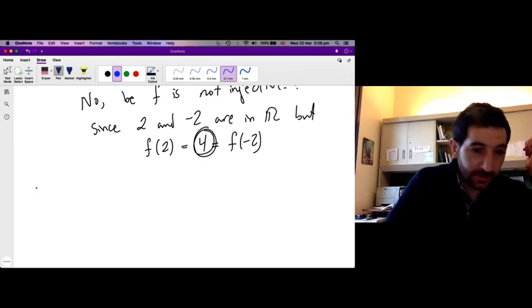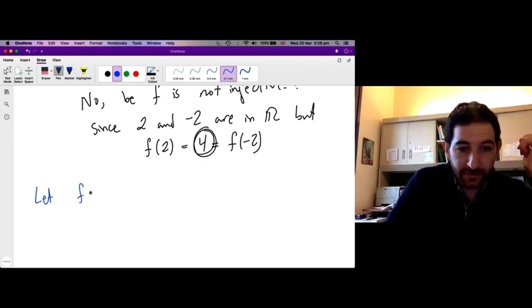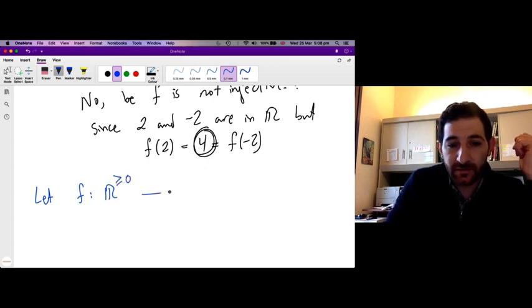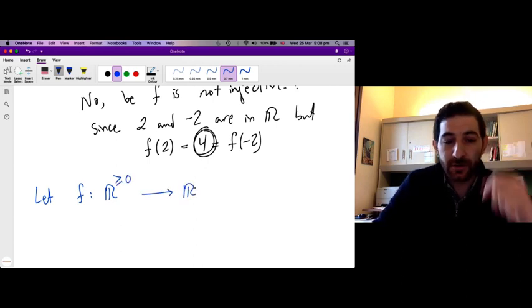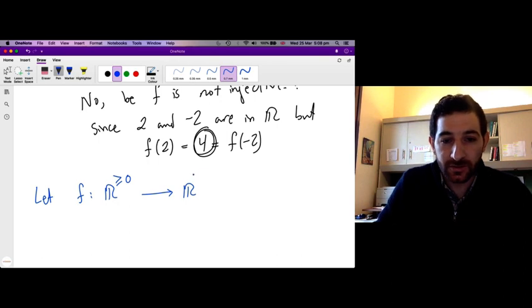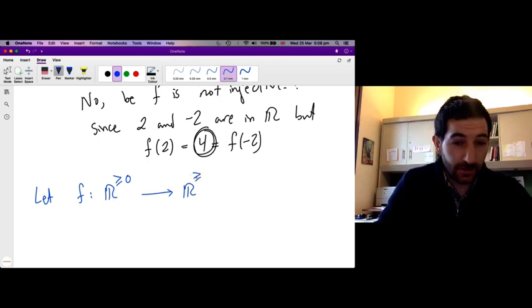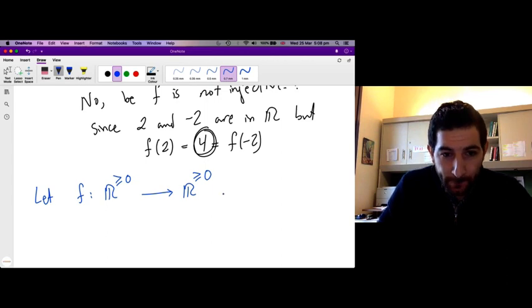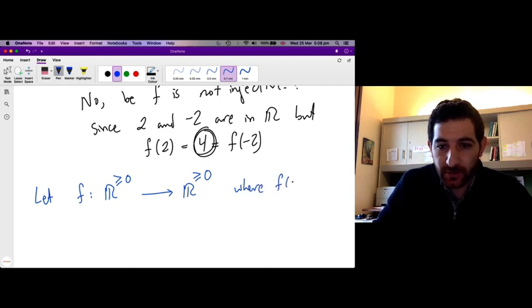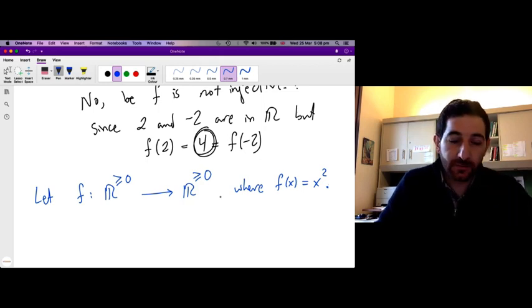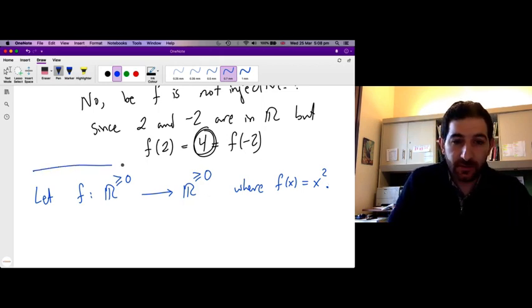Now let f be a function from the set of non-negative real numbers, so numbers which are bigger than or equal to 0, to real numbers which are bigger than or equal to 0, where again it is the square function, where f of x is equal to x squared.